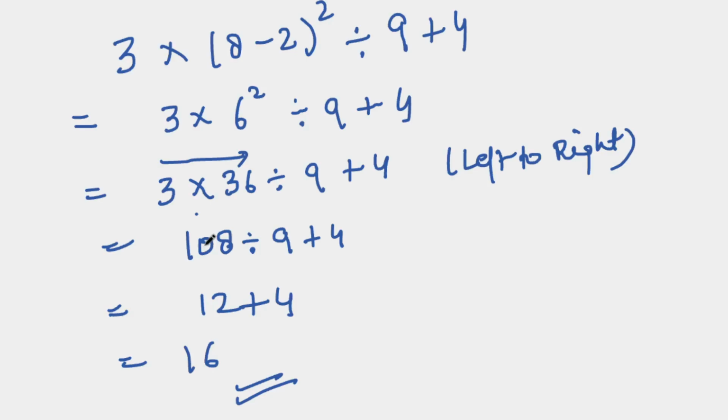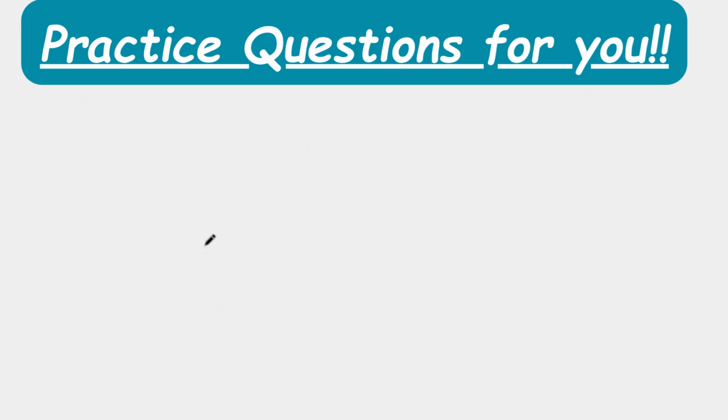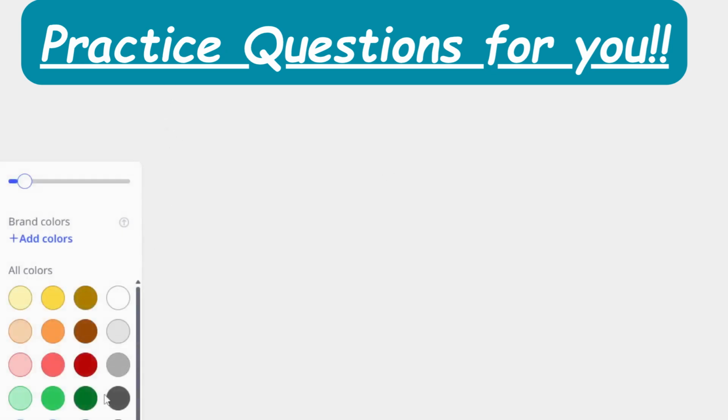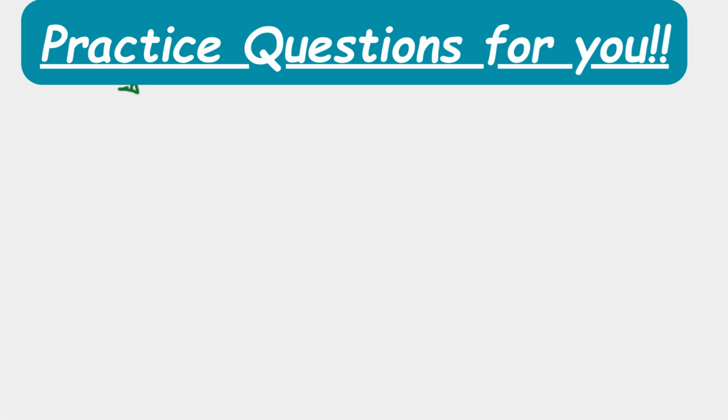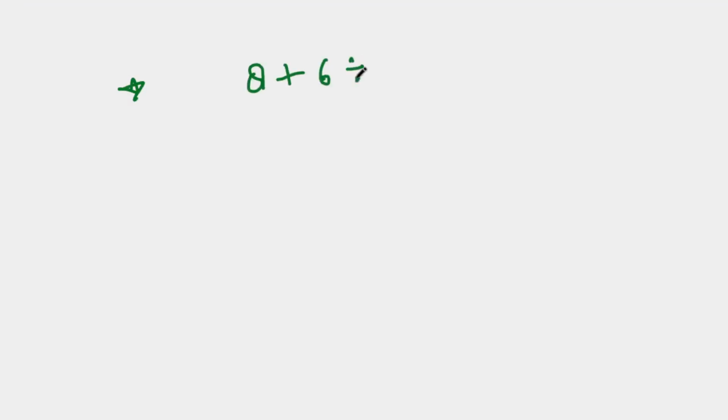So we learn when we make mistakes, because mistakes are one important thing that tells us exactly what not to do, right? All right, so I want to give you some homework so that you can practice. All right, so let me give you some expressions. First is 8 plus 6 divided by 2.